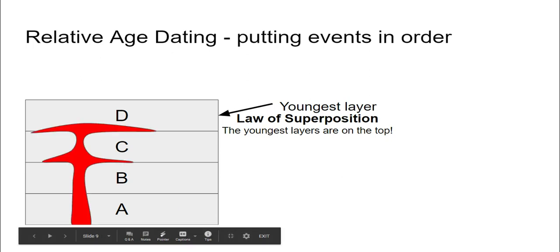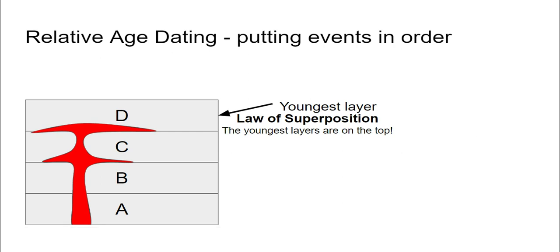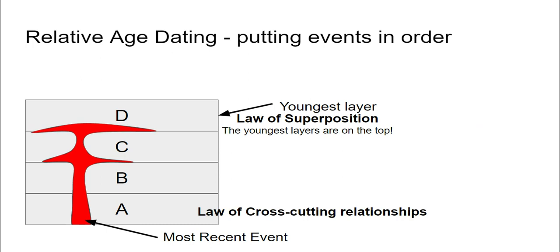Now, if you have something happen like this, then that event is going to be the most recent event now, because that event cuts through all the other layers, which is related to the law or the principle of cross-cutting relationships.